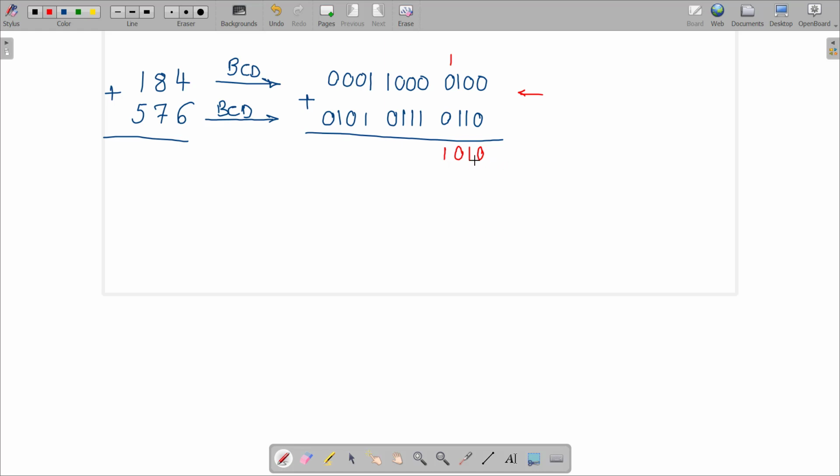Now, if you look at this code, you can see that this is equal to 10. Here is 8, here is 2. 8 plus 2 is 10. So, you see that this value is greater than 9. In this case, because this value is greater than 9, we have to add 6 to the result again.